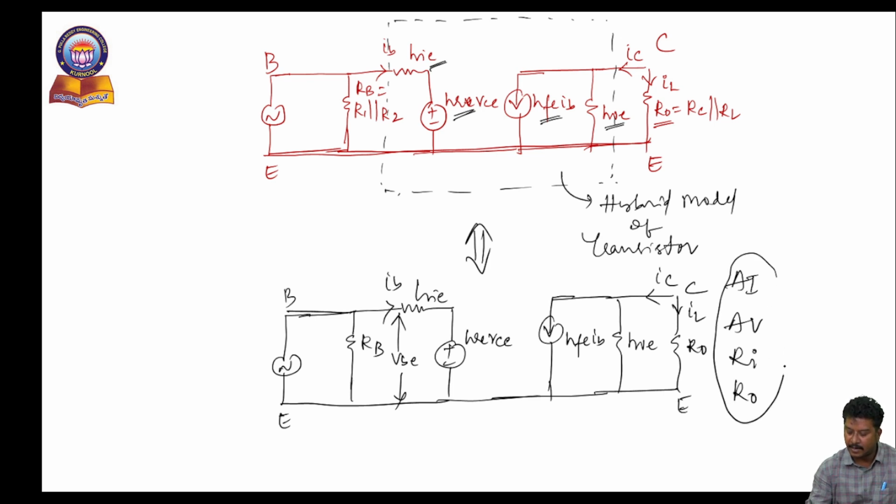In order to find these 4 parameters, we have to convert the circuit into the hybrid equivalent model. That is the first step. Once you convert any practical circuit into the hybrid equivalent model, then from that model we will extract all the parameters.